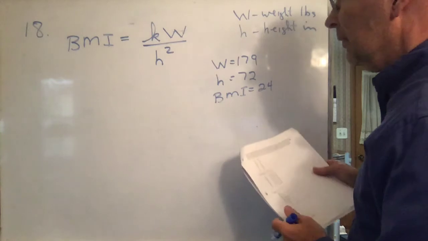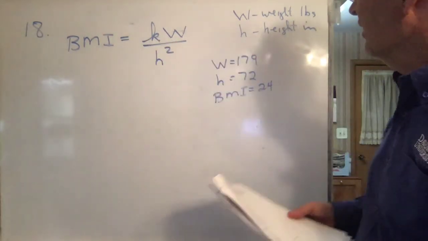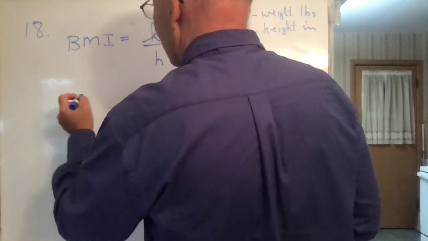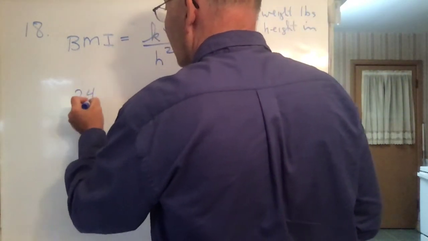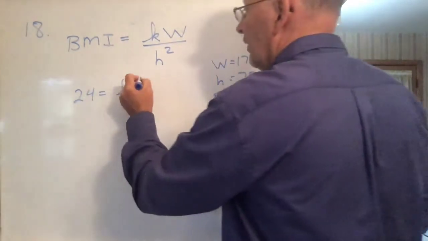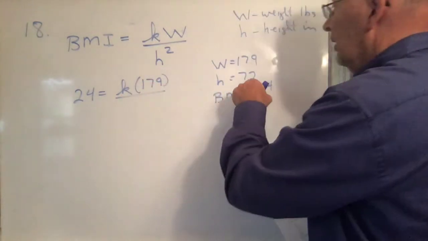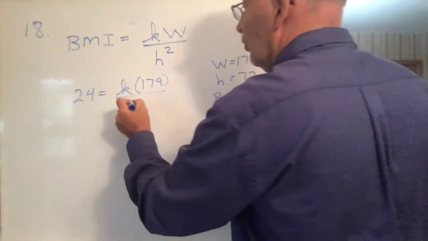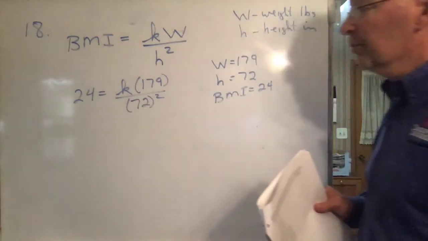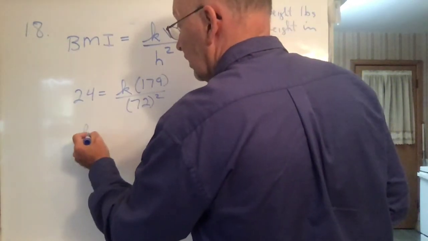Okay, so once I know that, I can now find out what this K is. So let's find out what K is. So here's what I know. I know that 24, the BMI, is equal to K times 179 divided by, the height is 72, so it's going to be 72 squared. See that? So now I can find K. So what's K going to be?